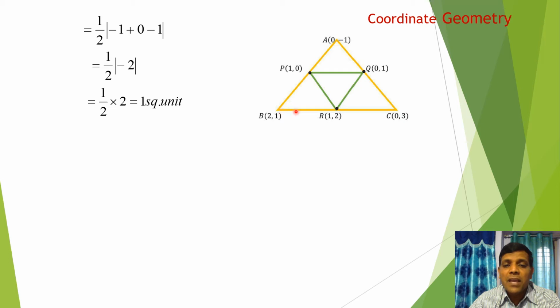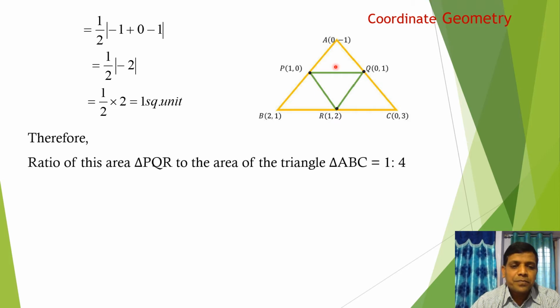PQR is formed by the midpoints of the sides of the given triangle. So triangle PQR is 1 square unit and the given triangle is 4 square units. So write down the ratio. Therefore, area of triangle PQR to the area of triangle ABC is equal to 1:4.